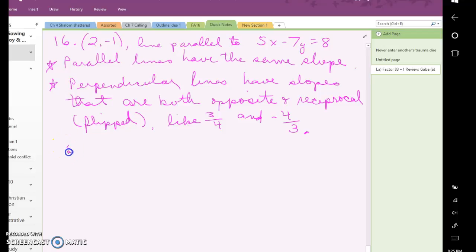Okay, so 5x minus 7y equals 8. Let's get the y term by itself, by subtracting 5x from both sides, and then dividing everything by -7 to get the y by itself.